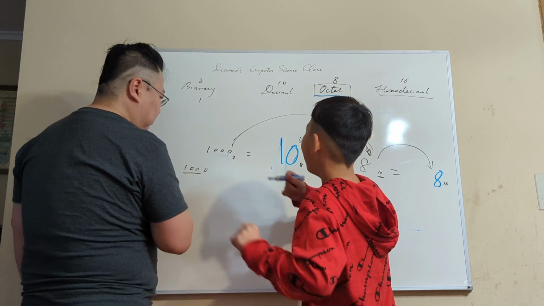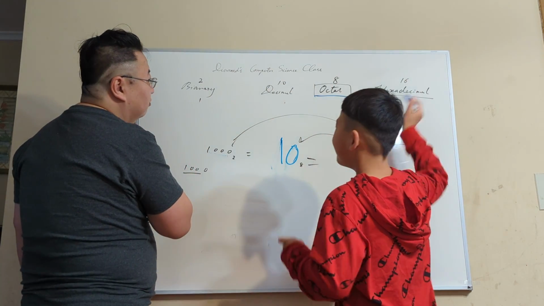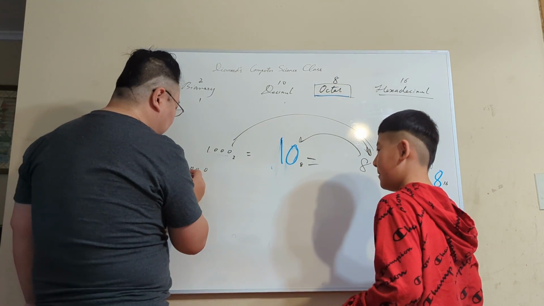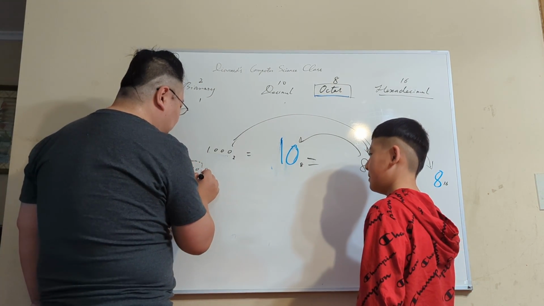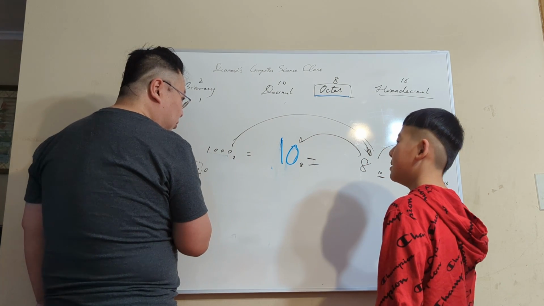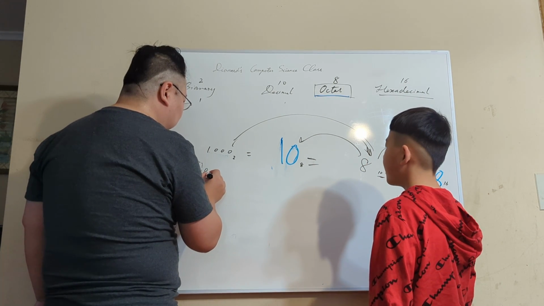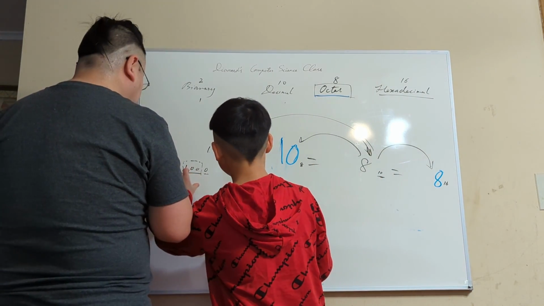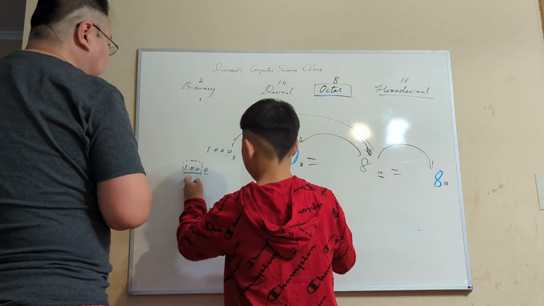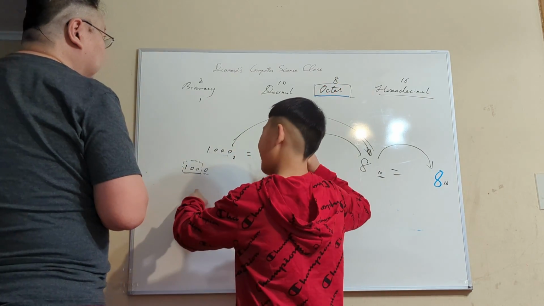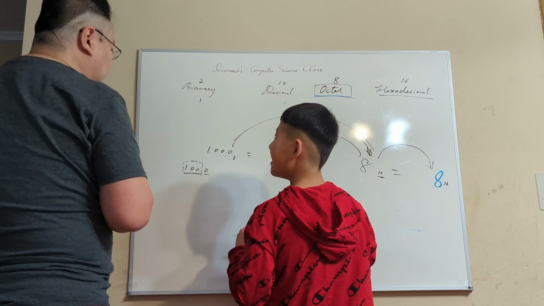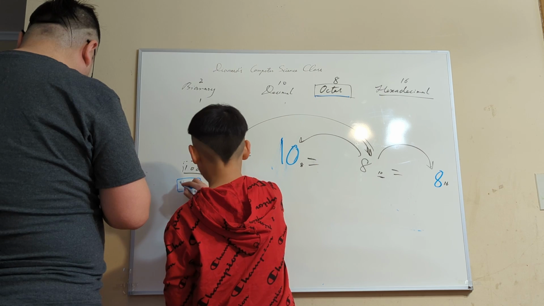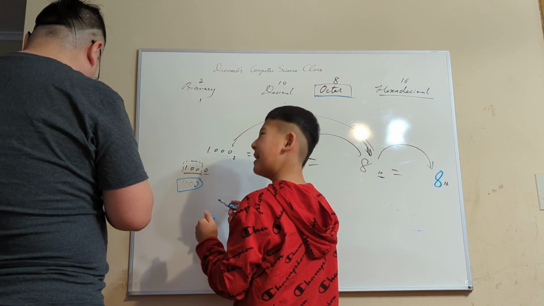I just realized that all of them are divisible by 2. We can group these 3, then this one is another group. So you group 3 because 2 to the power of 3 is 8, and you group 4 because 2 to the power of 4 equals 16, right?